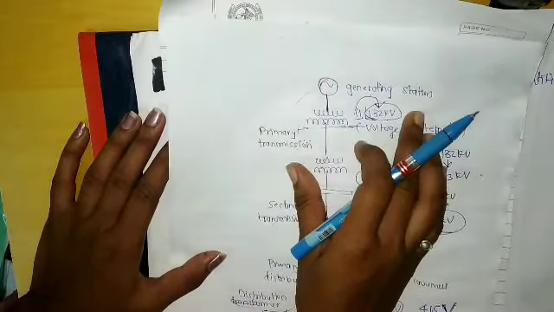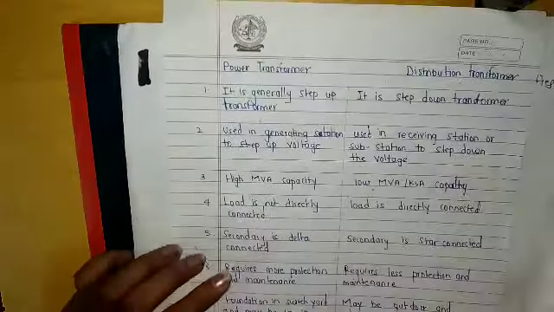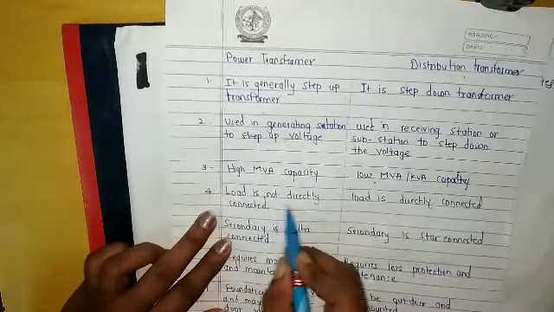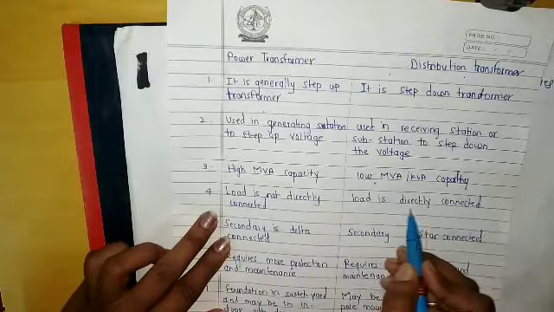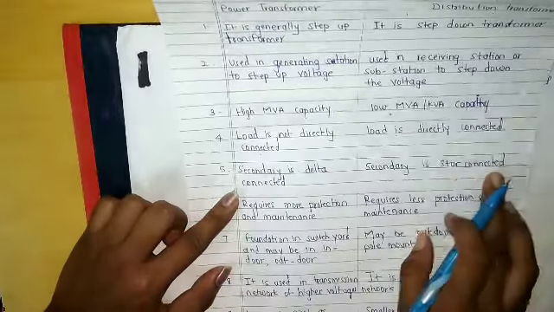As you can see here in the generating station, load is not connected. Where is load connected? Load means we consumers. In the distribution transformer, load is directly connected. Secondary is delta connected and secondary is star connected.